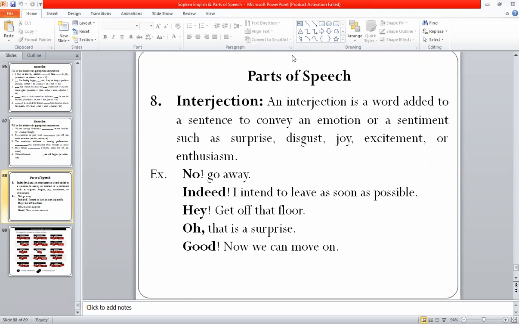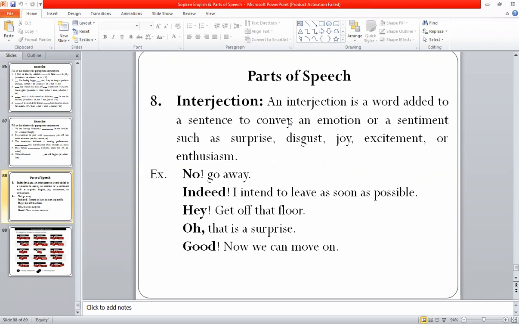So when we are in a sentiment or emotion of surprise or disgust or joy or happiness or excitement or enthusiasm, then we generally use these words.